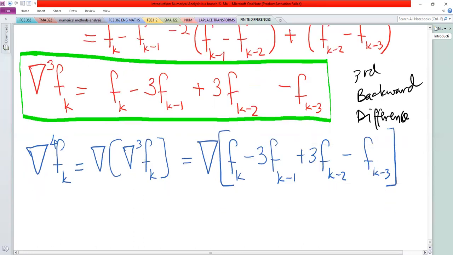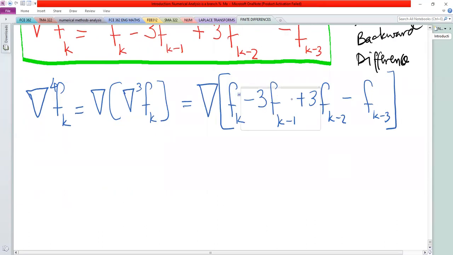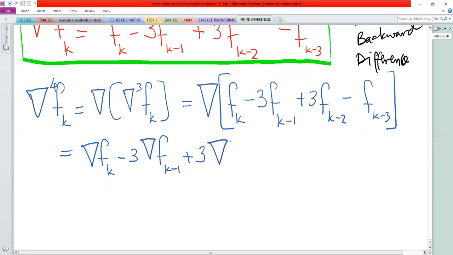So distribute the backward operator to each of these functions. So this will be backward of fk minus 3 backward fk minus 1 plus 3 backward of fk minus 2 minus backward of fk minus 3.